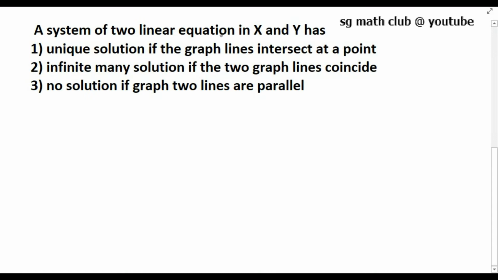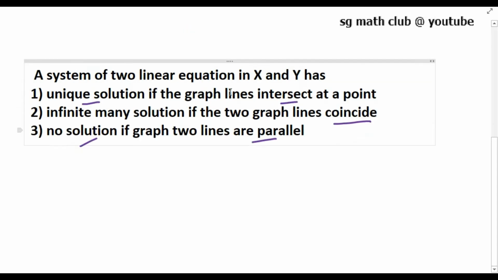A system of two linear equations in x and y has a unique solution if the graph lines intersect at a point. It has infinitely many solutions if the two graph lines coincide, and it has no solution if the graphs of the two equations, or the two lines, are parallel.